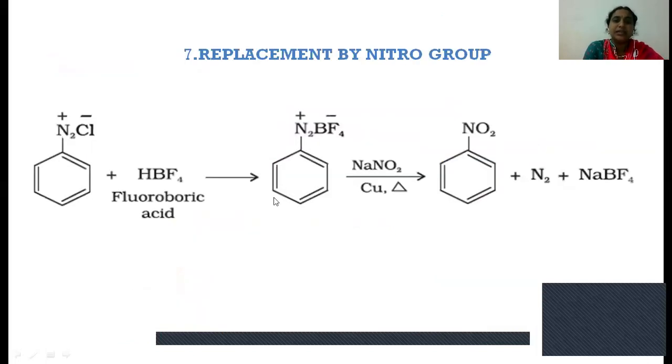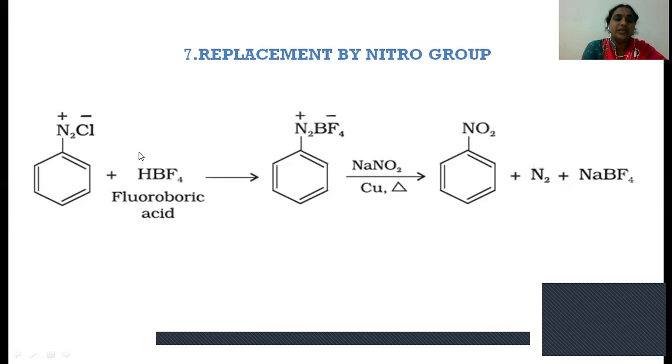And the next reaction is replacement of the diazonium chloride group by the nitro group. Here, benzene diazonium chloride reacts with fluoroboric acid, that is HBF4, or hydrogen tetrafluoroborate, also called fluoroboric acid.